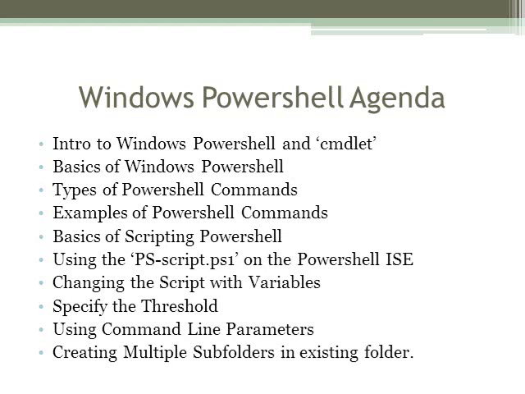We're going to specify the threshold number, and we're about to use command line parameters on the PowerShell command prompt window, and we're going to create multiple subfolders in an existing folder and make a directory. So let's begin.